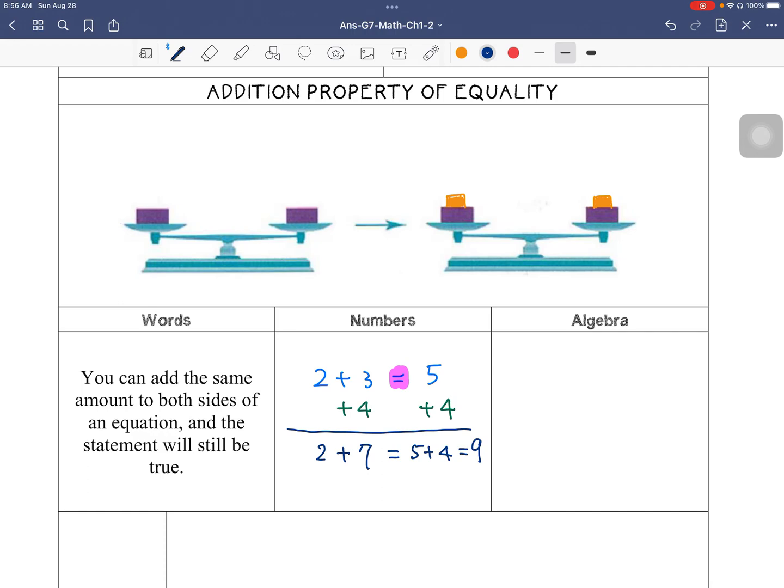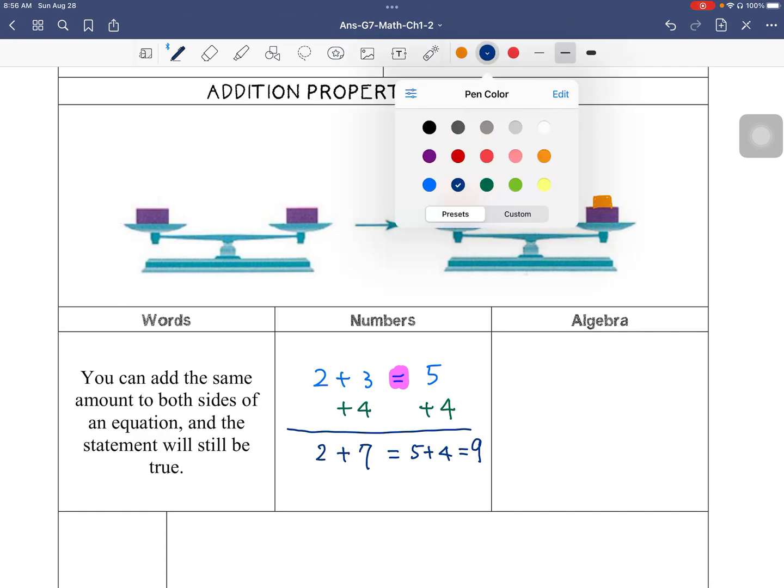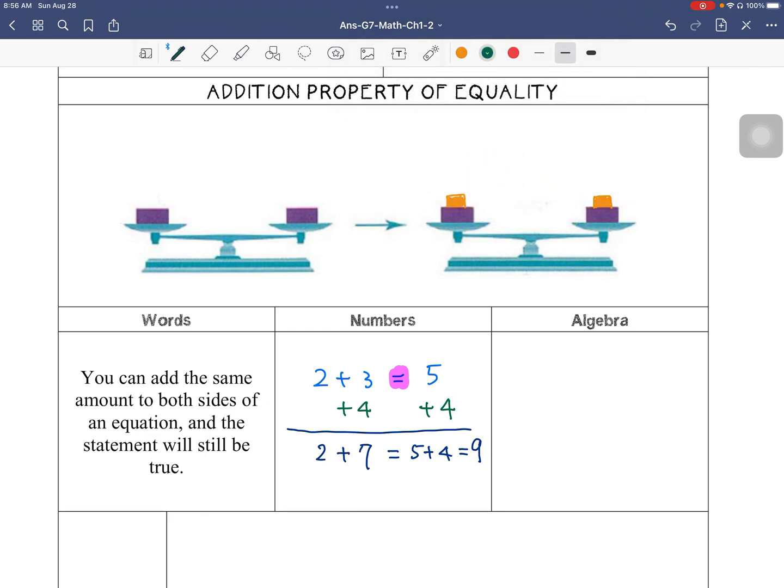That means if I add the same thing to the right side of the equal sign and the left side of the equal sign, the two sides will still remain equal. So algebraically, x equals y, and then if I add z to both sides, x plus z equals y plus z.